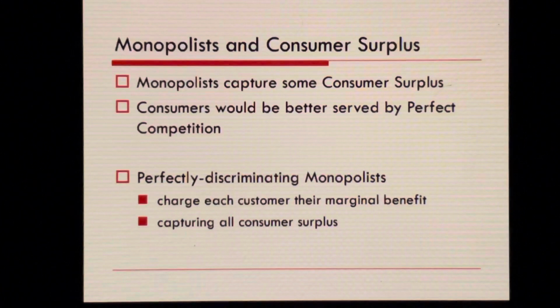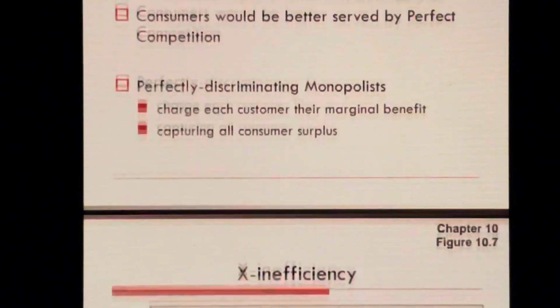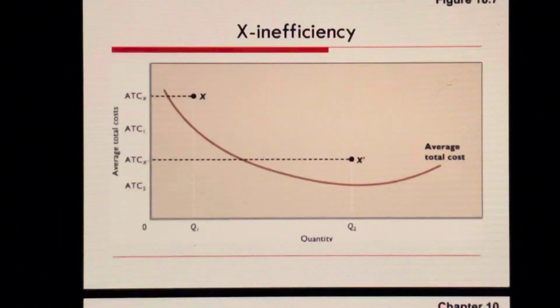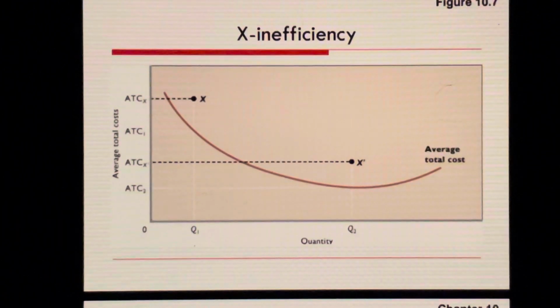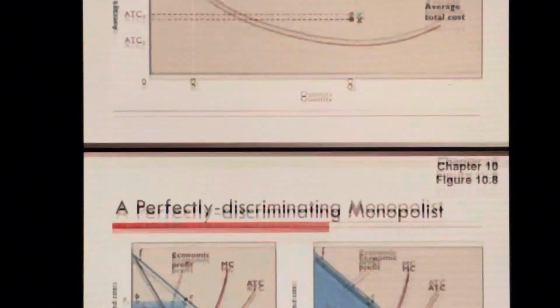Consumers would be better served by perfect competition. A perfectly discriminating monopolist charges each customer their marginal benefit, capturing all consumer surplus. X-inefficiency is where the average total cost is maintained along the axis with the quantities, which is manageable.